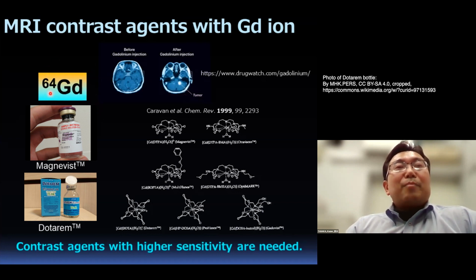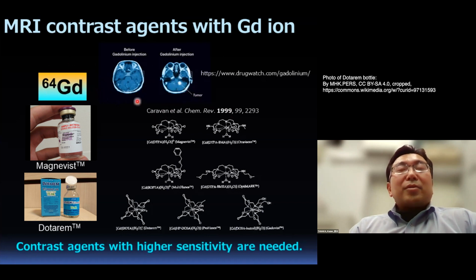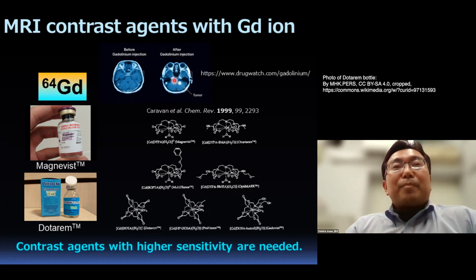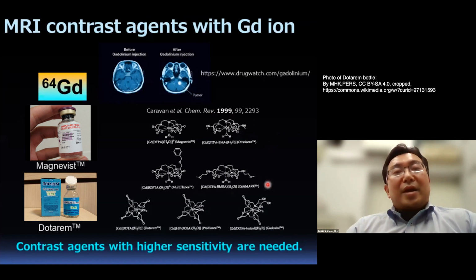Originating from the magnetic interaction of gadolinium ions and surrounding molecules, we can detect a clear shadow in the images. And for these purposes, there are many types of gadolinium complexes used as MRI contrast agents.